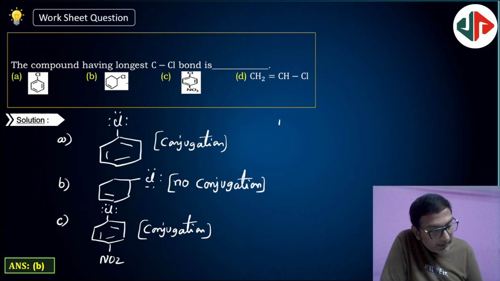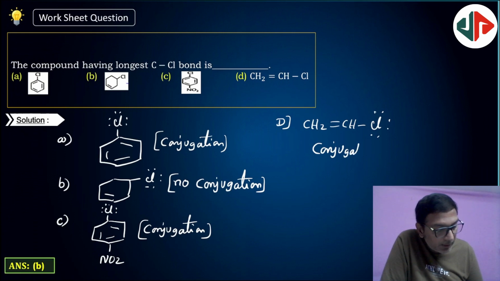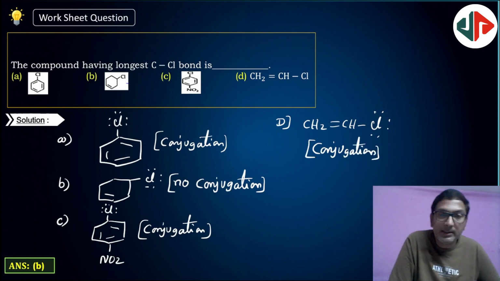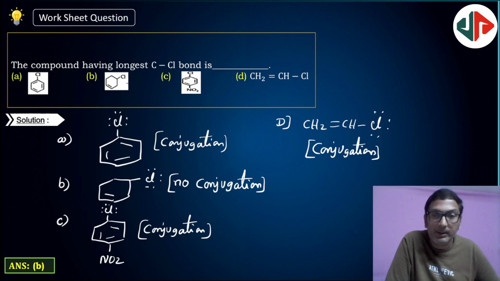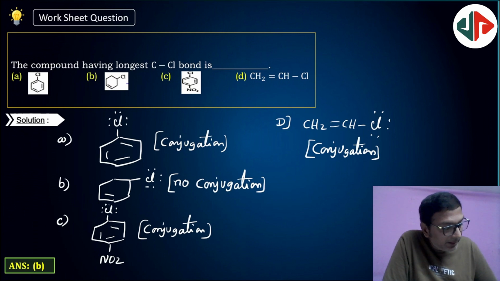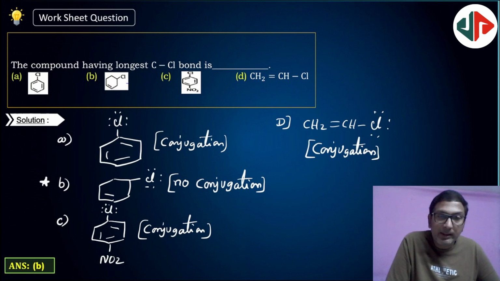Next, option D is also a conjugated compound, vinyl chloride. Due to conjugation there will be delocalization of the lone pair and pi bond, so the C-Cl bond length decreases. Therefore, in option B, since there is no conjugation, it will have more C-Cl bond length.